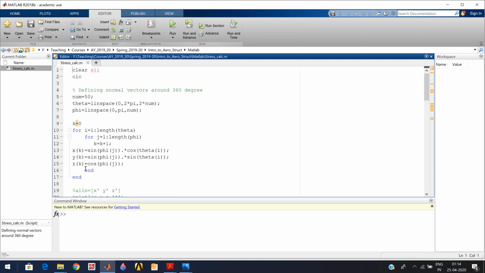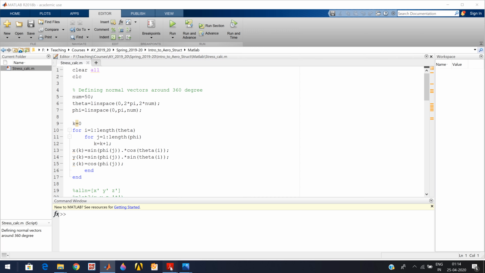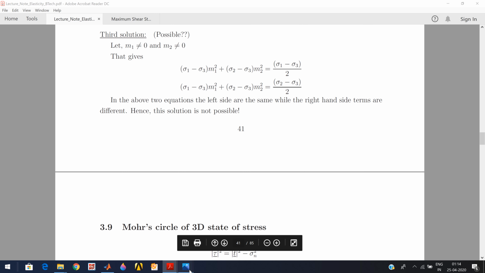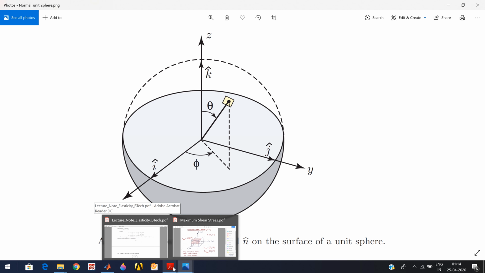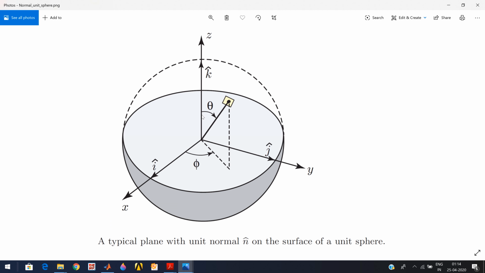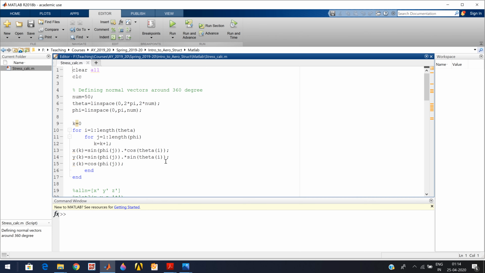So let us just run first. So this is how it is done. So I am taking some number of points, 50. And then theta is defined along, you can see theta is going from 0, sorry, minus, okay, maybe here in the code theta and phi has changed, but okay, let me run.